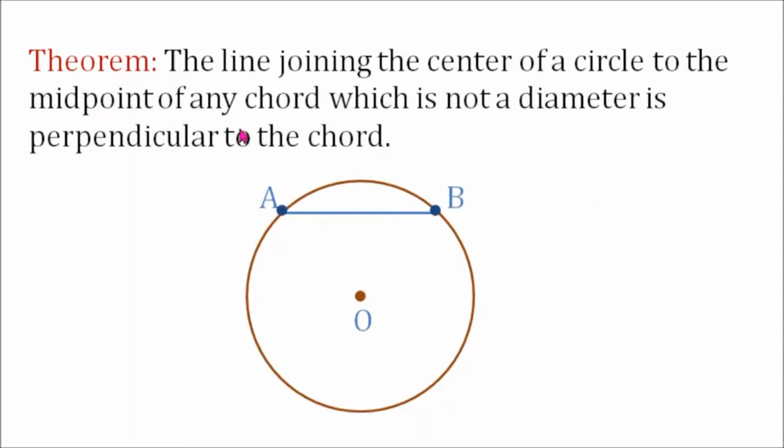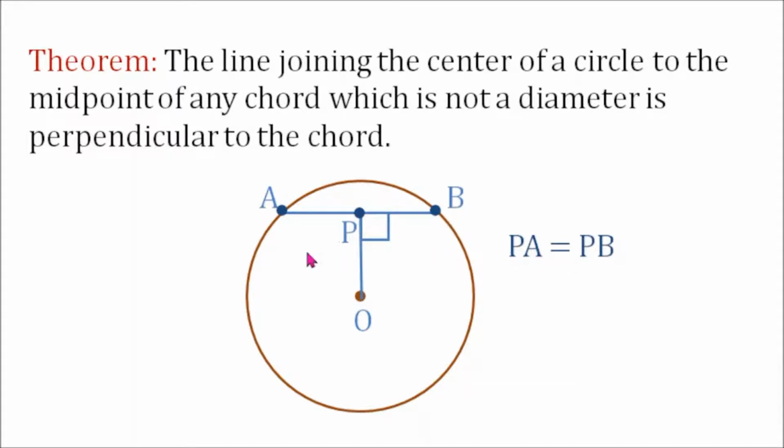This is another theorem. The line joining the center of a circle to the midpoint of any chord which is not a diameter is perpendicular to the chord. So if this is the line segment joining the center of circle O to the midpoint of chord AB, which is not a diameter of circle O, since it's joining the center to the midpoint, this means PA equals PB.